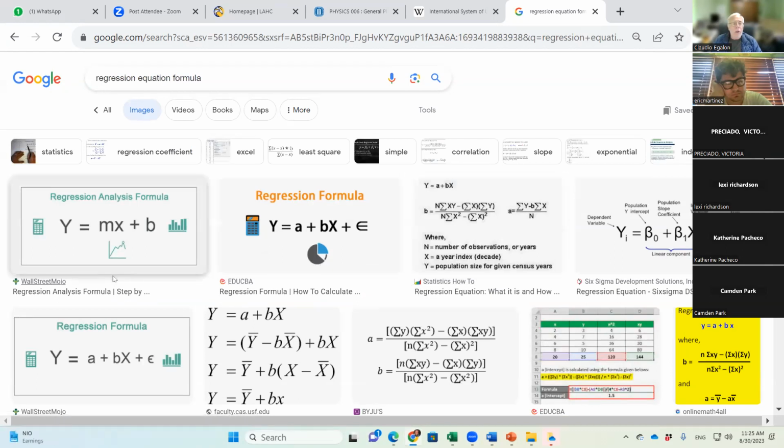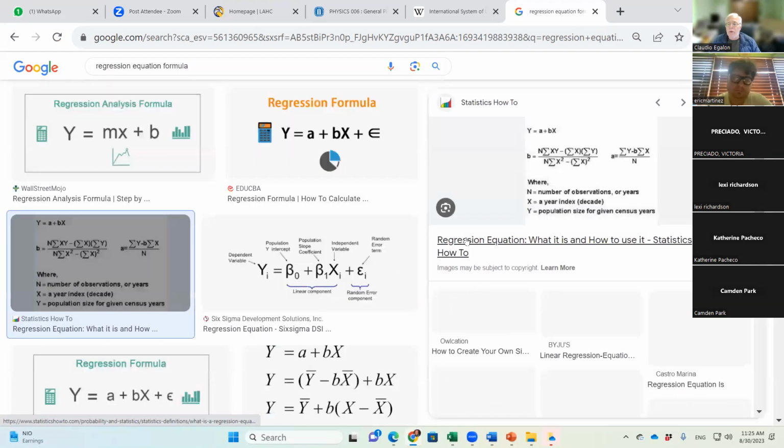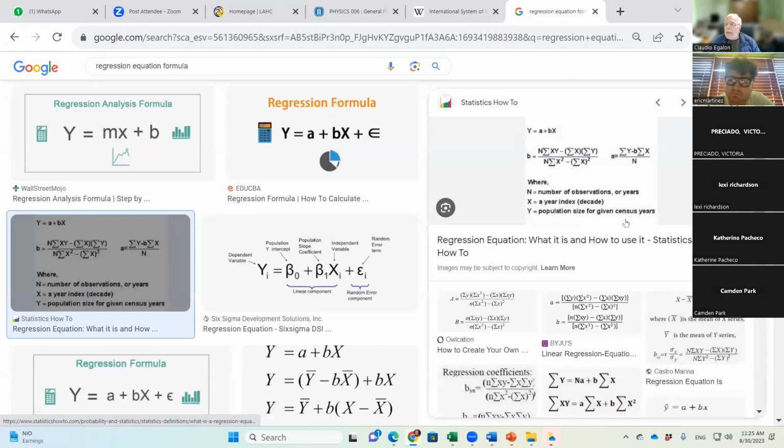Okay, here you go. This one. Let's take a look at this one. This is better. Here's the equation. You have a set of data points in your graph, and you want to find an equation that best fits that data.